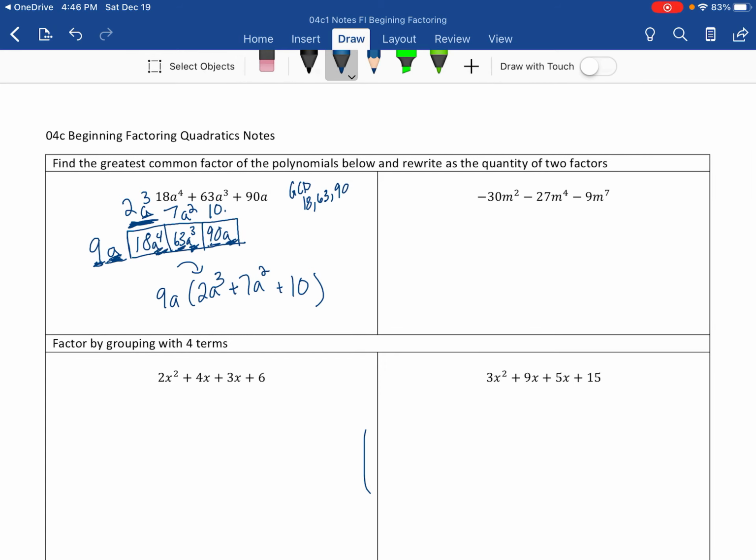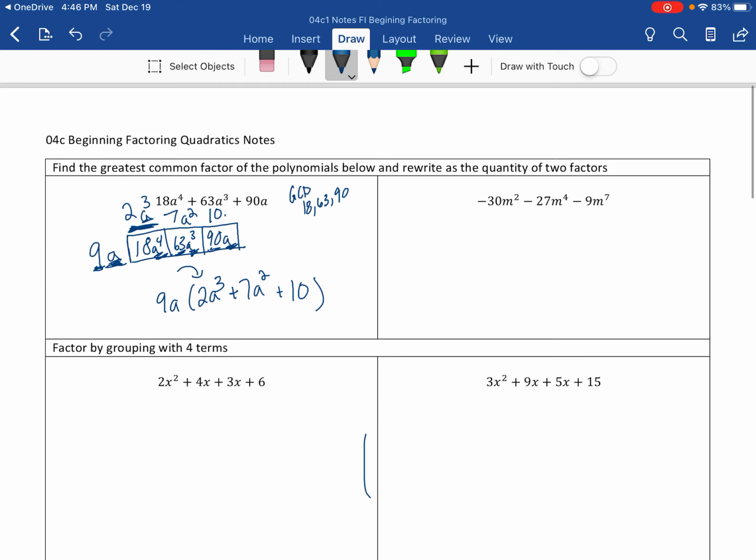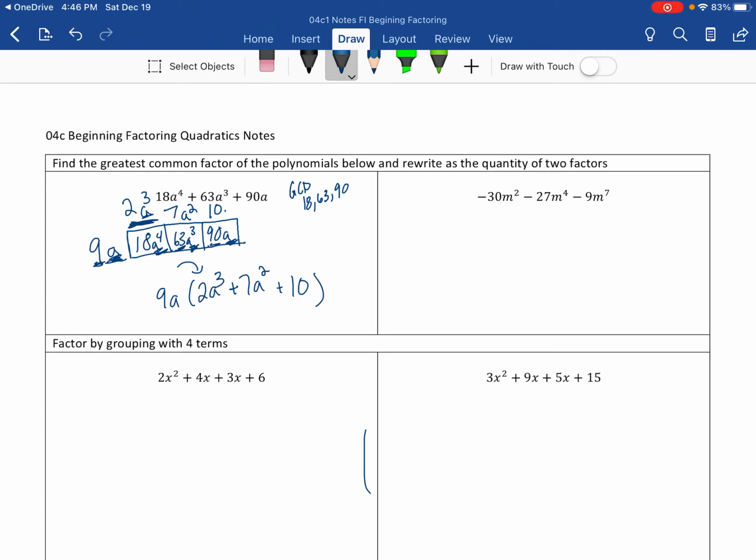For the next one, you don't have to do the box, you can just go through and divide by the greatest common factor. Some of you guys have figured out, so my GCD of these is going to be, so 30, 27, and 9 is going to be 3.